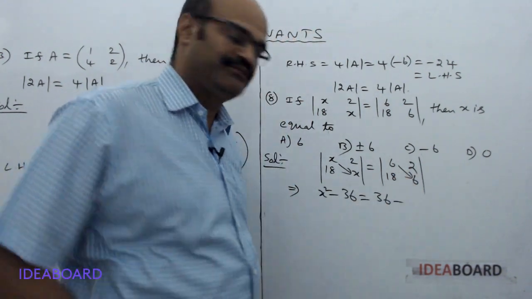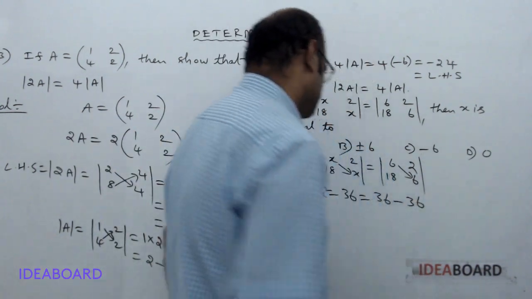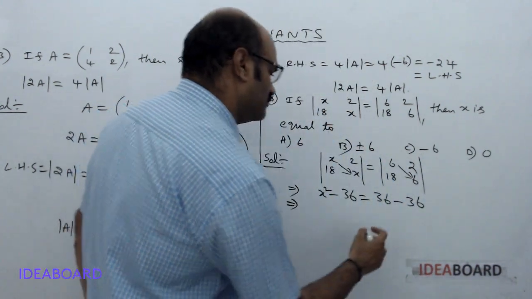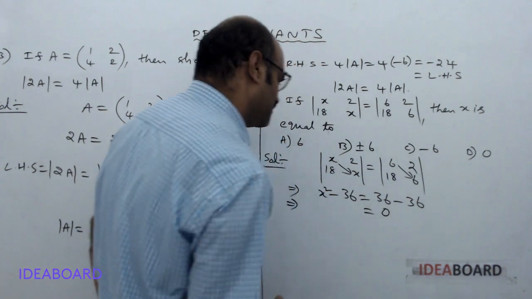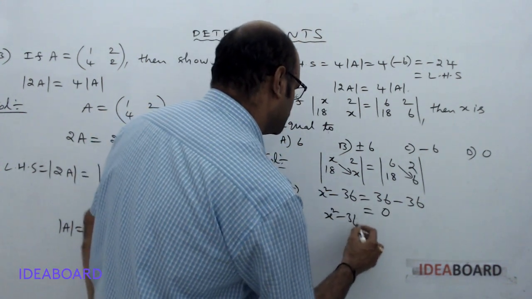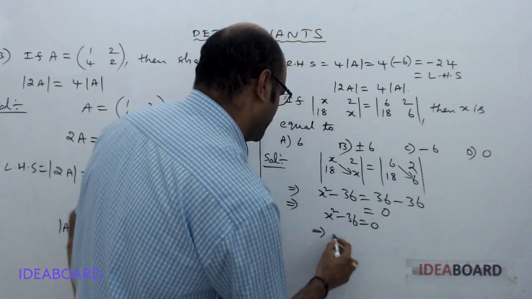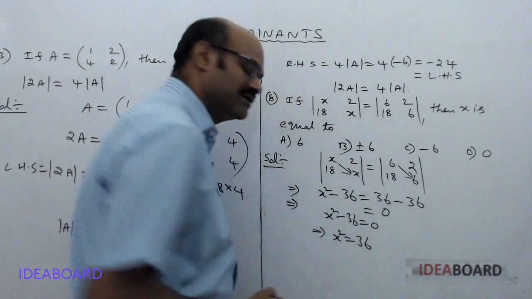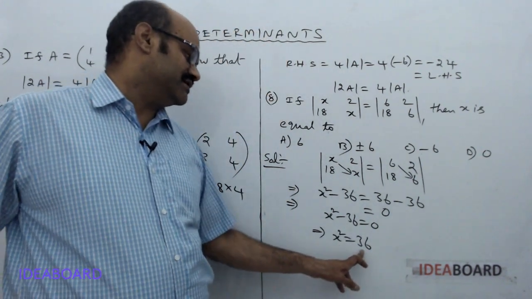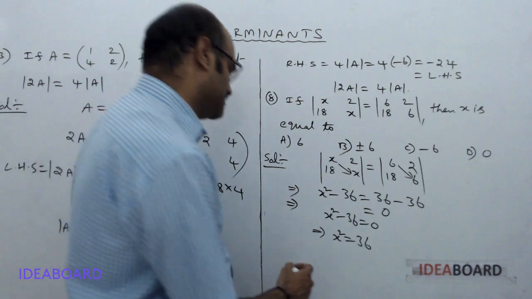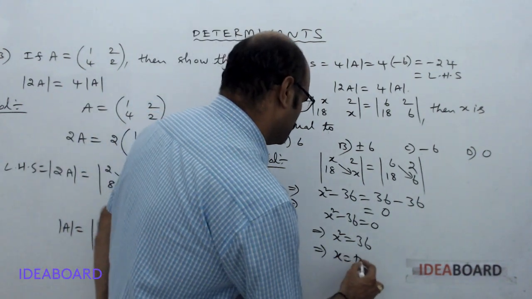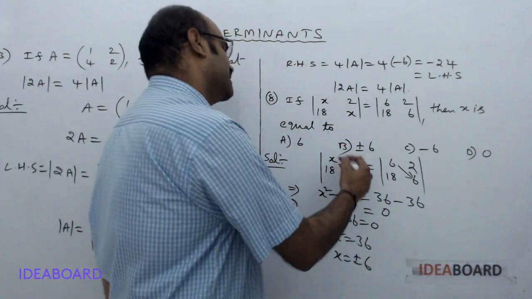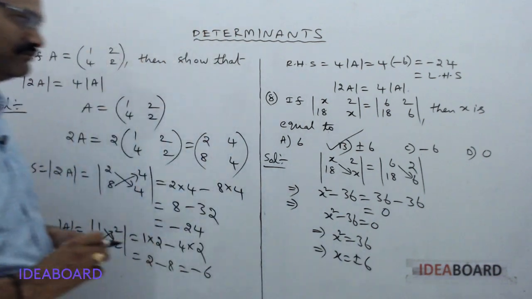So it implies we have 36 minus 36 equals 0, x square minus 36 equals 0, x square equals 36. It implies x equals plus or minus 6. So here option B is the correct answer.